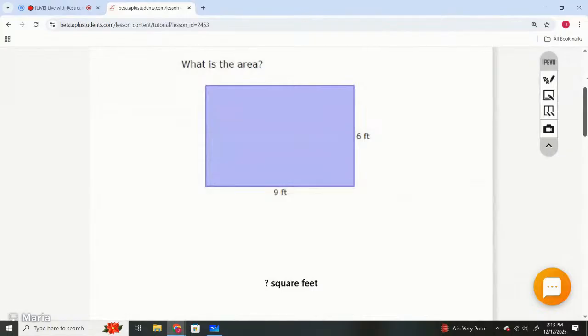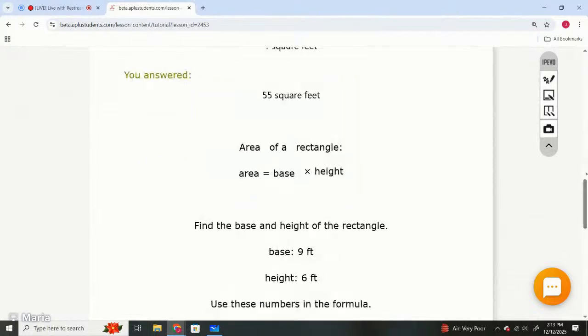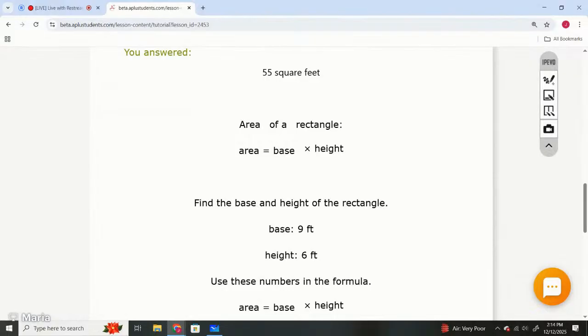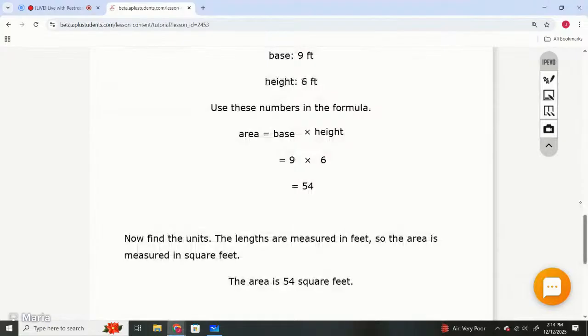What is the area? We need to calculate the area. The area is base times height. The base is 9 feet, the height is 6 feet. So 9 times 6 is 54.